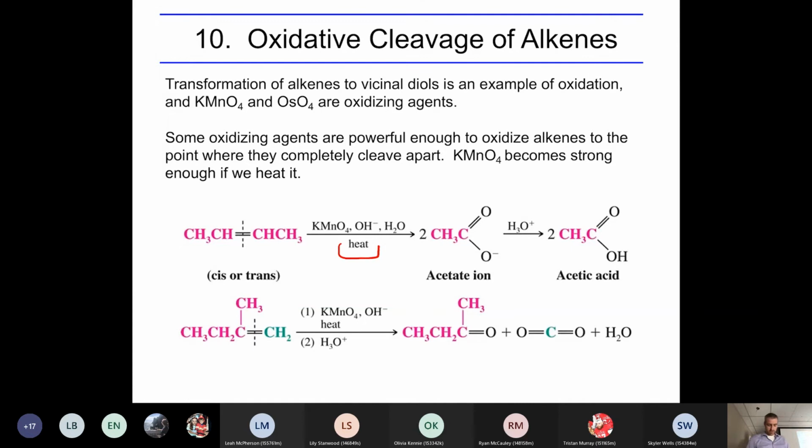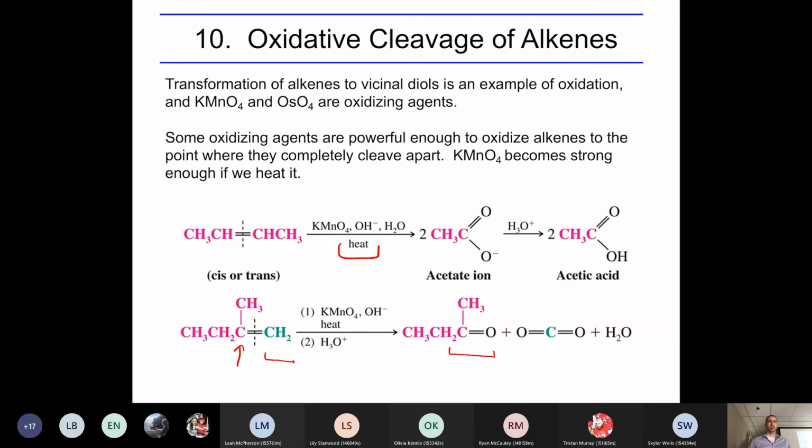In this case, where we have a di-substituted alkene on the left side, it can't go to a carboxylic acid. It oxidizes it up to the maximum. So it oxidizes it to, in this case, a ketone. And if it's CH2, it goes all the way to CO2.